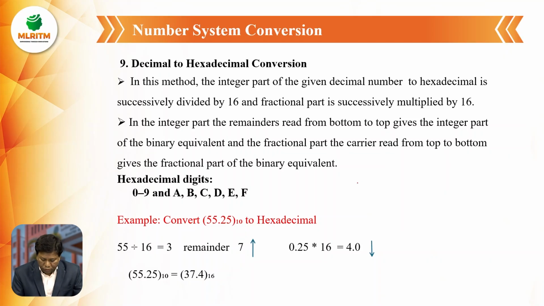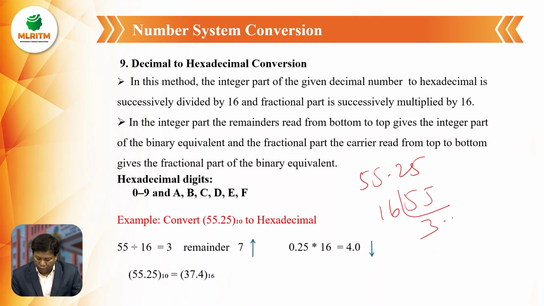Example, 55.25. 55 is the integer part. 55 divided by 16: 16 3s are 48 and the remainder will be 7. That gives 37 for the integer value.